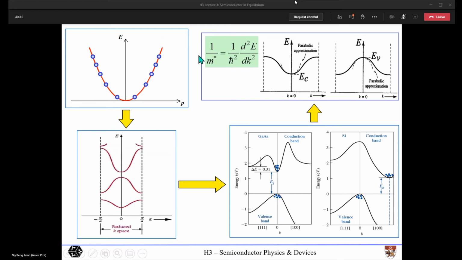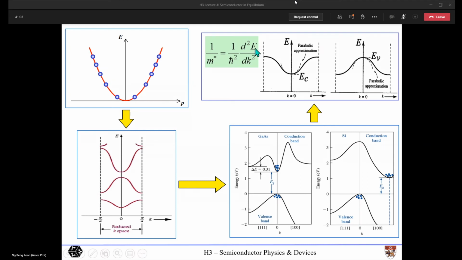We try to determine an equivalent mass quantity that allows you to use classical descriptions, like F equal to ma, to describe how an electron, for example, moves in the semiconductor.